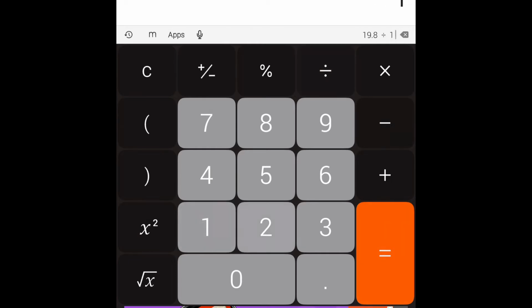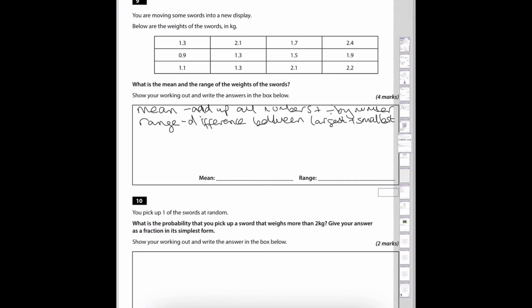And then we divide that by 12 to get 1.65. So 19.8 divided by 12 is 1.65. So that's adding up all the numbers and dividing by the amount of numbers there are. So the mean is 1.65.